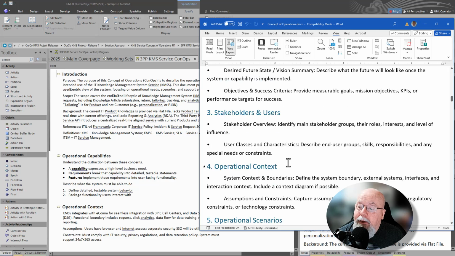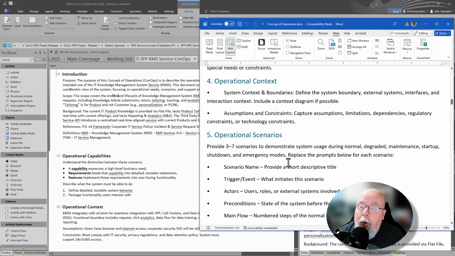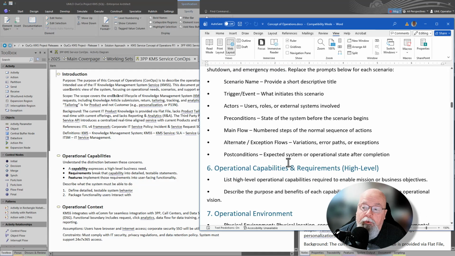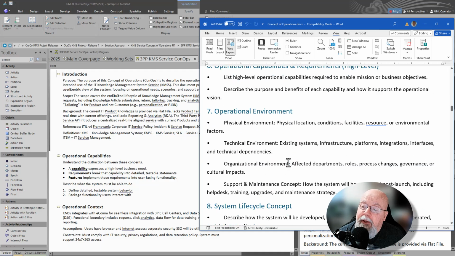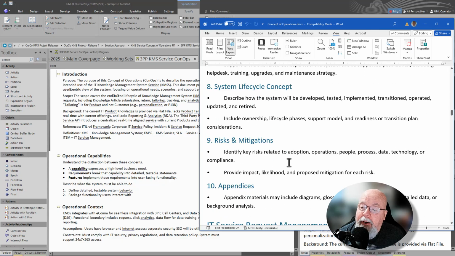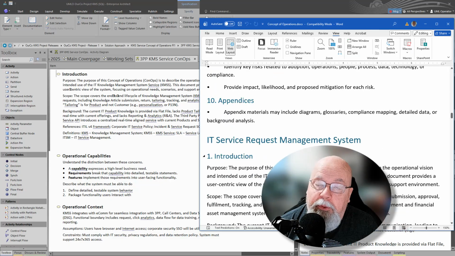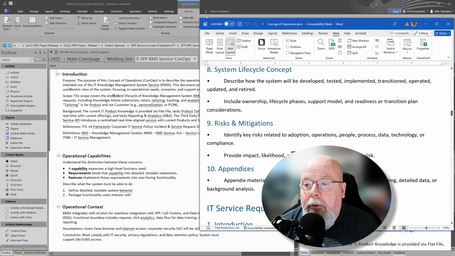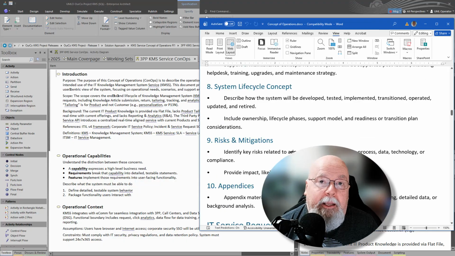And again, this could be one document, or it could be multiple artifacts that contribute to an overall summary of that document, but we're going to break down each one of the sections, step through them, and eventually we're going to start building our own template around real project implementation.